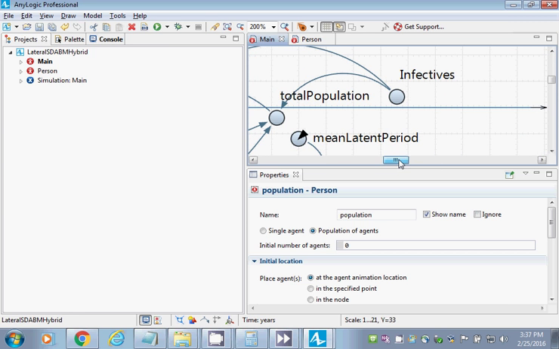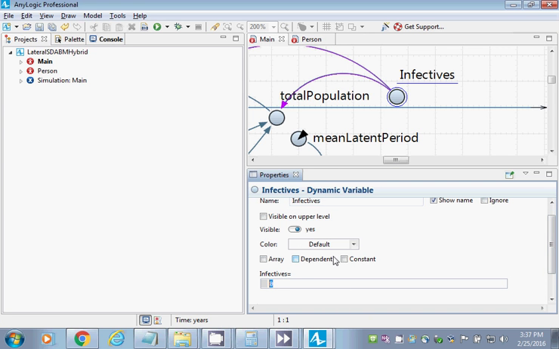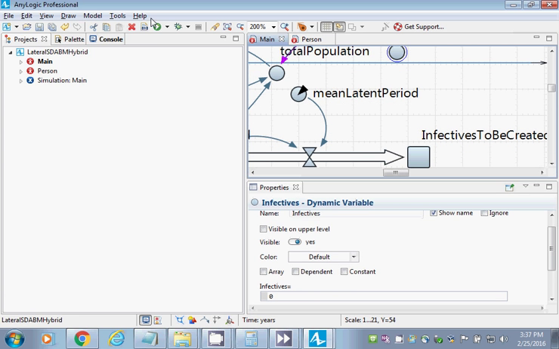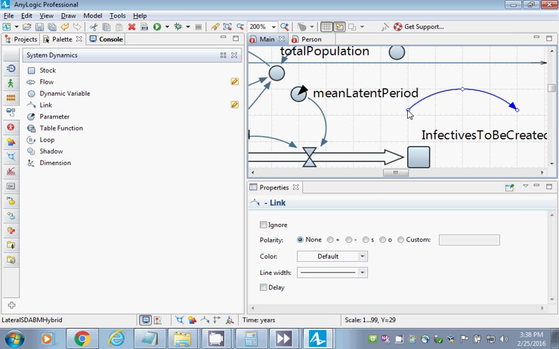So infectives itself is going to be a sum of infectives to be created as agents plus, ladies and gentlemen, population. You know what? Just to be clear, I'm going to call it infectious population. Forgive me, I just want to be clear about it, so it's less confusing to people.